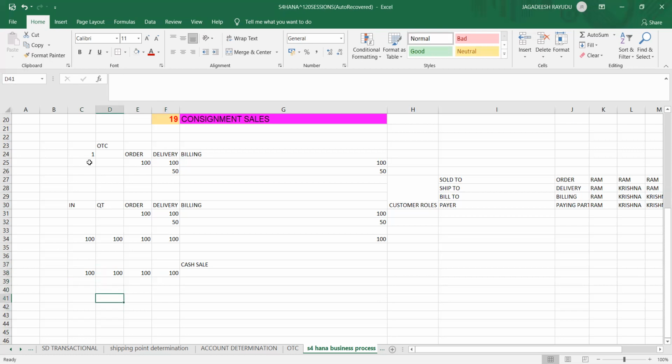But what is the basic difference? If you see your regular OTC process at item level, the item category is 10, and in a similar way for quotation the item category is AGN, and inquiry is AFN.